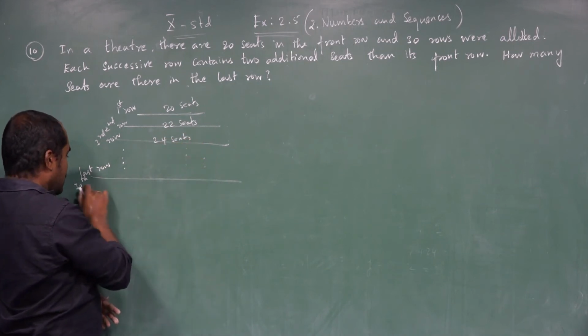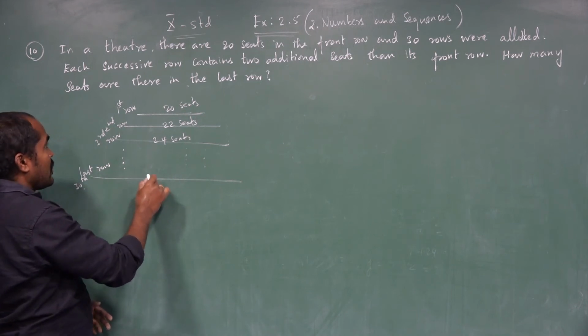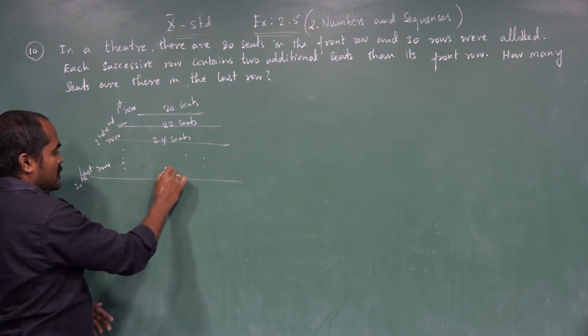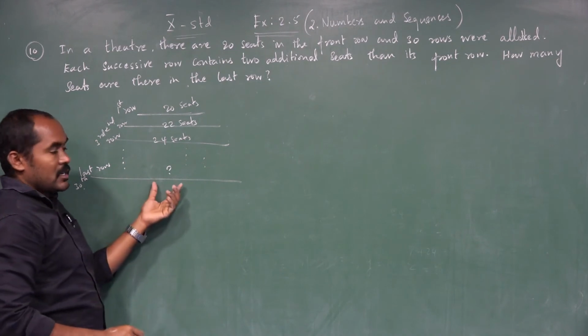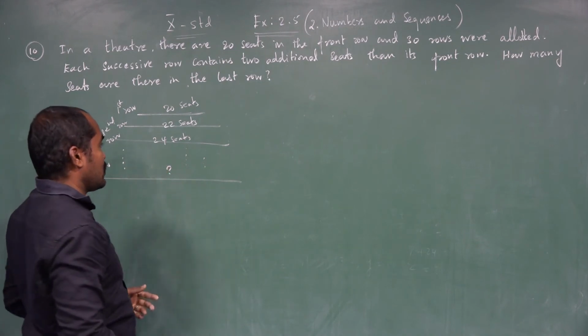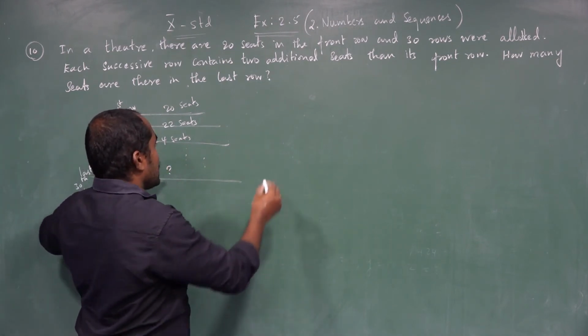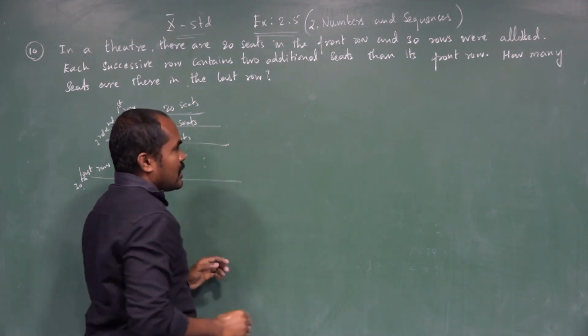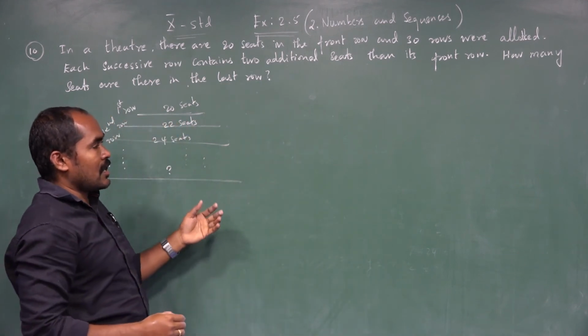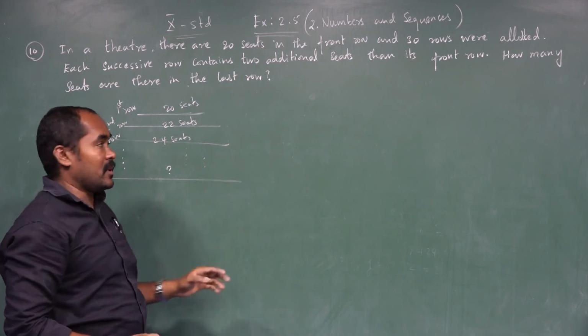So you have to find how many seats are there in the last row. Look, given the condition, the number of seats allotted in each row forms an AP.